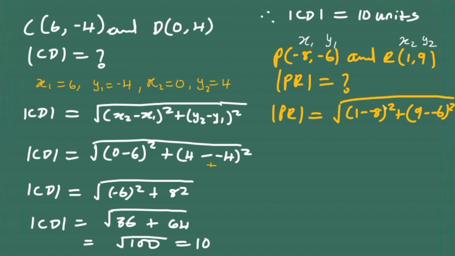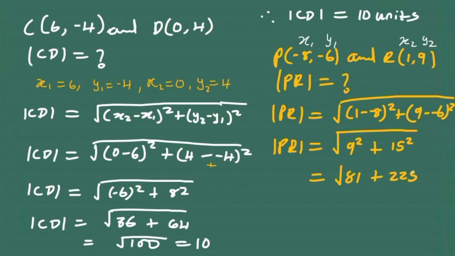We're about to take the square root, and here we are going to have PR equal to the square root of 1 minus -8, which gives us +9, so this will be 9 squared, plus 9 minus -6, which gives us 15, and this will be 15 squared. From here you can say that 9 squared is 81, plus 15 squared gives us 225. So this will be the distance PR.